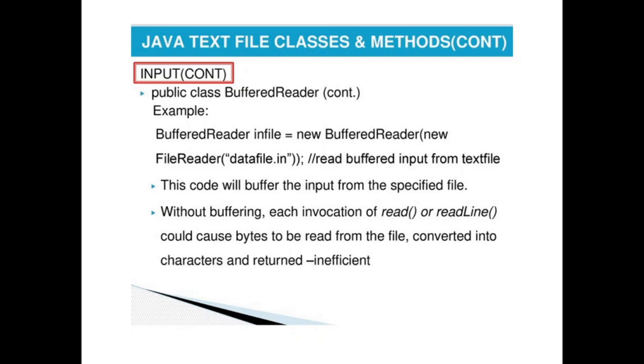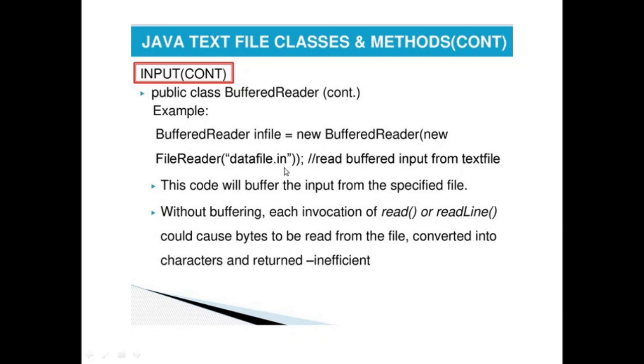Then the BufferedReader, what does it do? The BufferedReader object is used with the FileReader. Here what we have done is generate a constructor on the fly. That is, the object is created at runtime, and this is known as a temporary object. new FileReader("datafile.in").